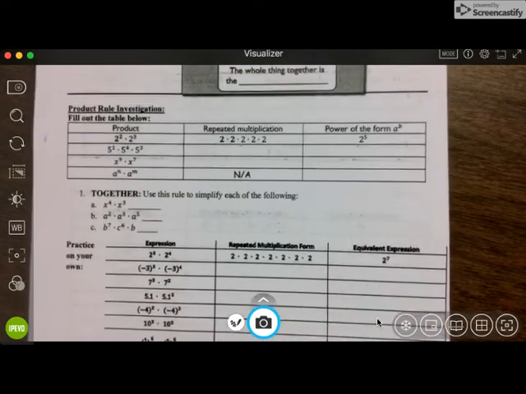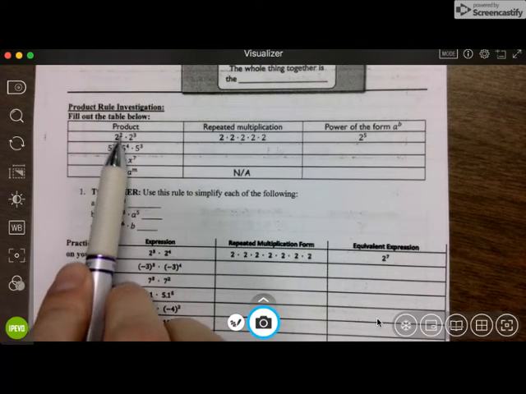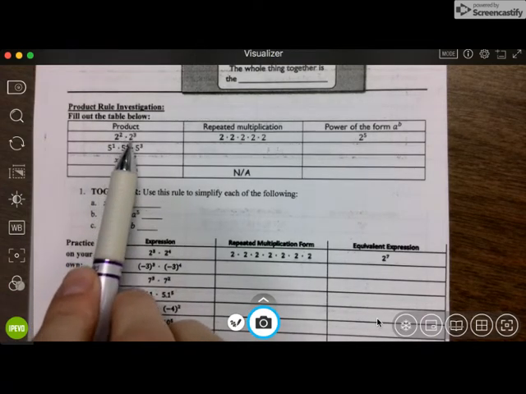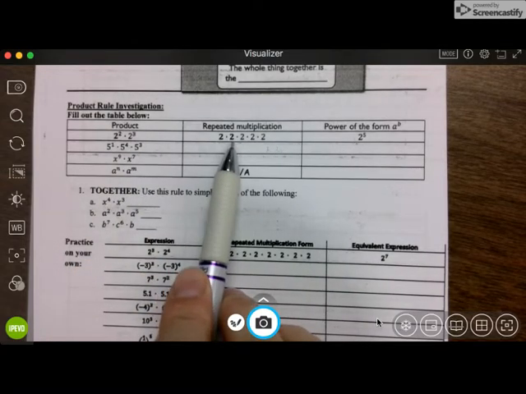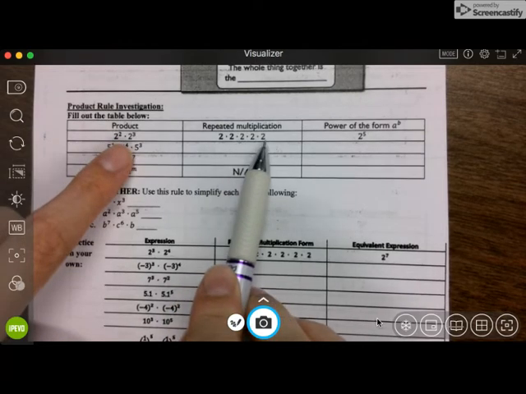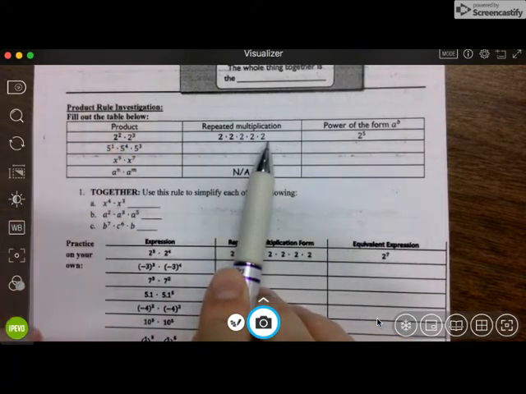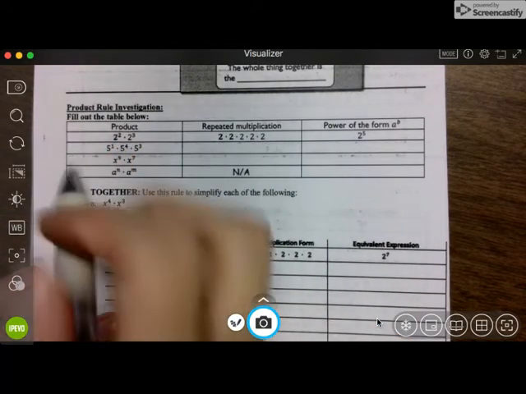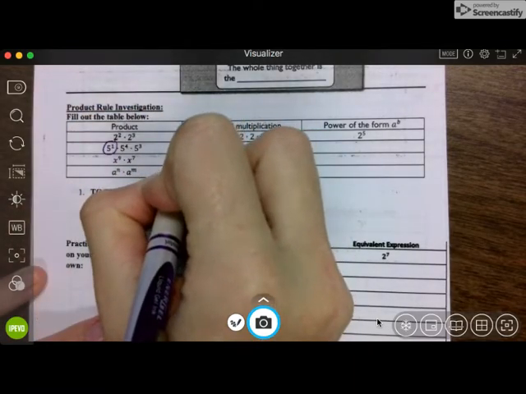The product rule. So if you see here, it says 2 squared times 2 cubed. So you have 2 2's right here, and that comes from here. And then you have 3 2's right here, and that comes from here. So all together, you have 2 is the base, and there are 5 of them. Here, I have 1 5.